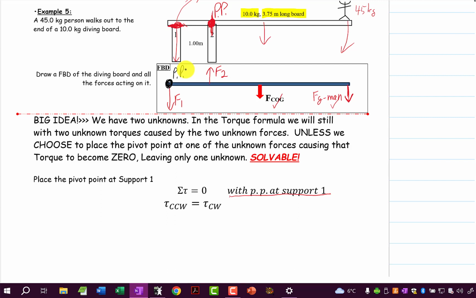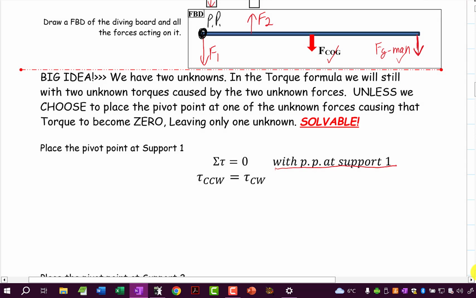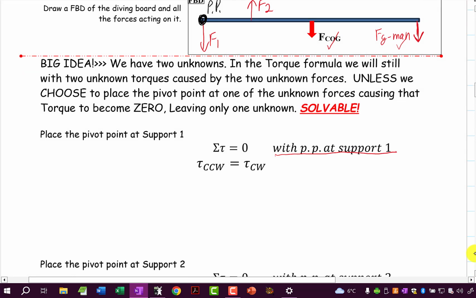Now I'm going to calculate the torques around that pivot point. The torques have to equal 0 because he's not rotating and falling off the board.